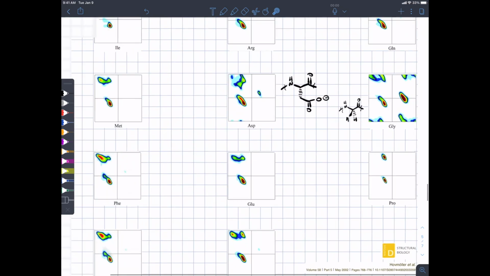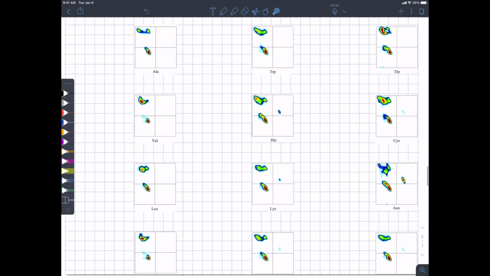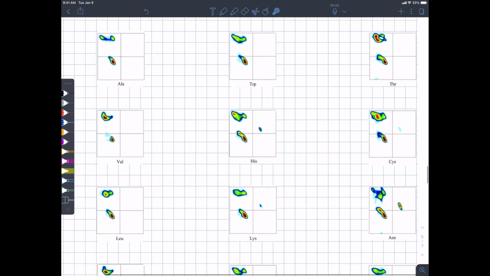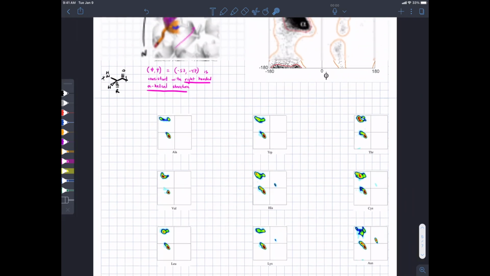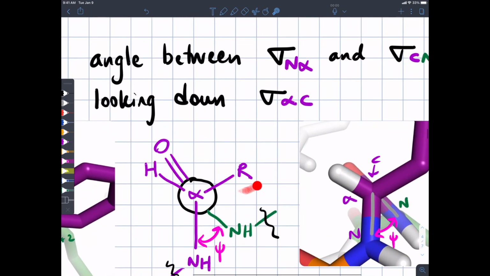Anyway, there's more we could say, but if in your grad studies you hear things about the propensity of each amino acid to exist in a helix versus a sheet, that's coming from this kind of analysis and the kind of dihedral angles that are preferred. Why are they different? Well, the difference between each amino acid is in the identity of this R group.